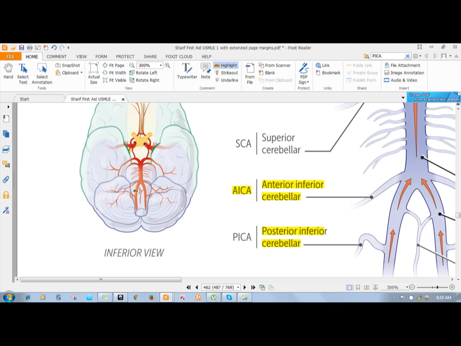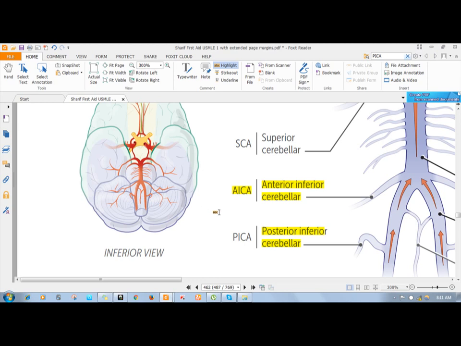And you also have the anterior spinal artery, which runs in front of your medulla and then in front of your spinal cord, which is why it's called the anterior spinal artery. As you can see, it supplies the medial part of the medulla. Okay, so that's the basic idea here.